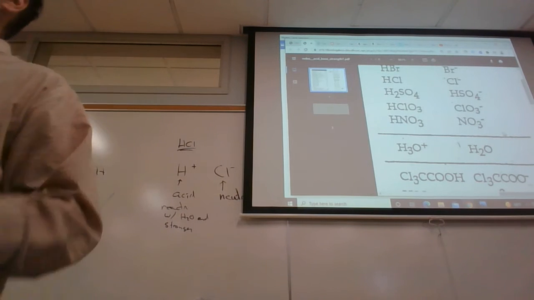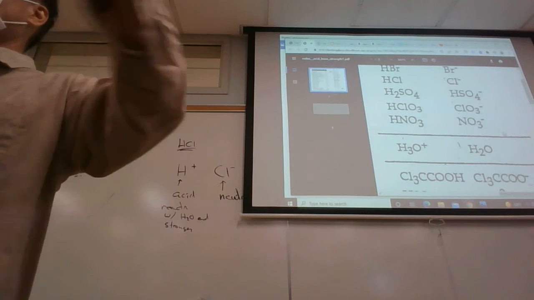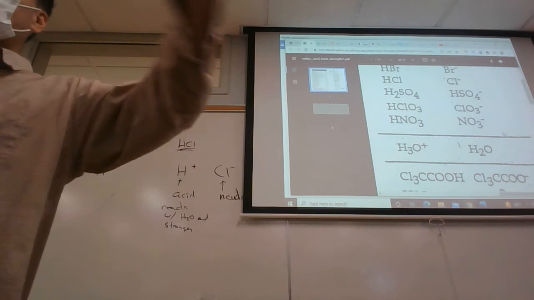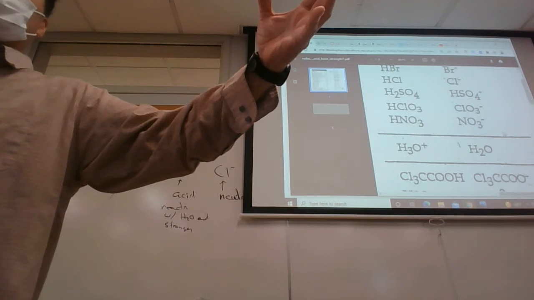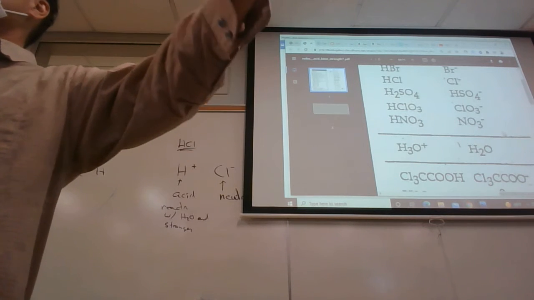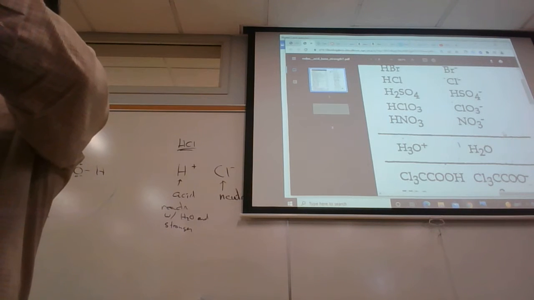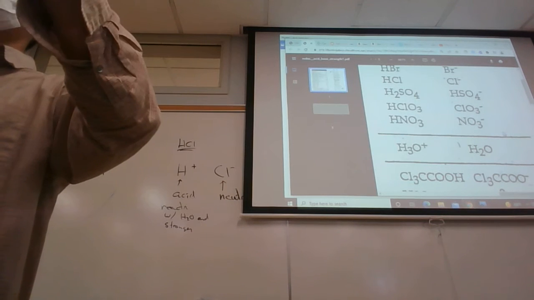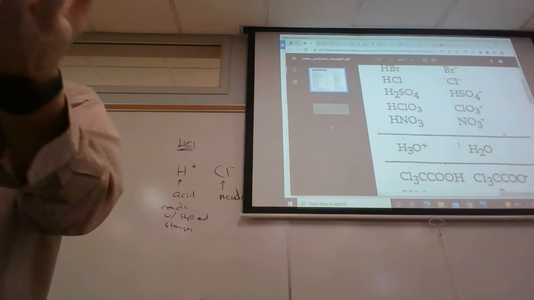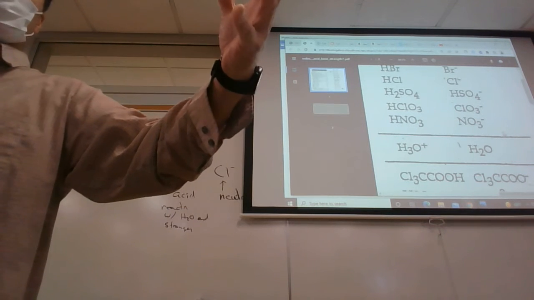Distance is a proxy measure of size. The smaller the distance between the centers, the smaller the atoms or particles are. The bigger the distance, the bigger the atoms or particles are.